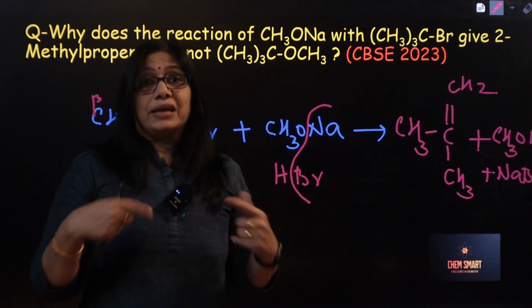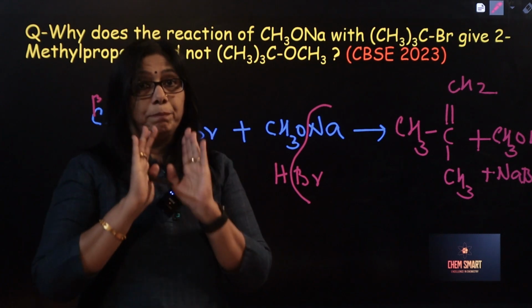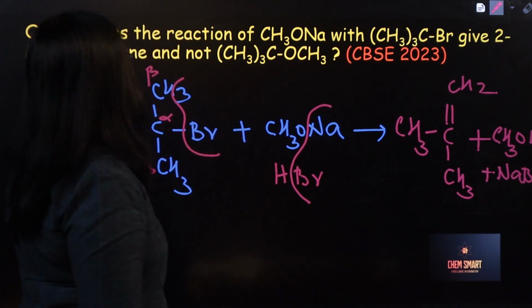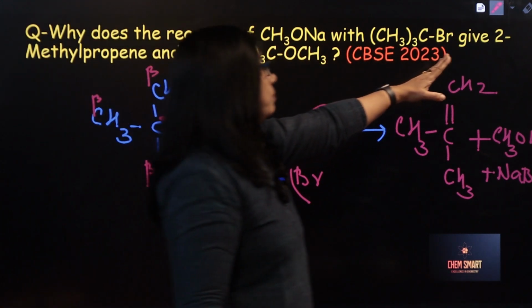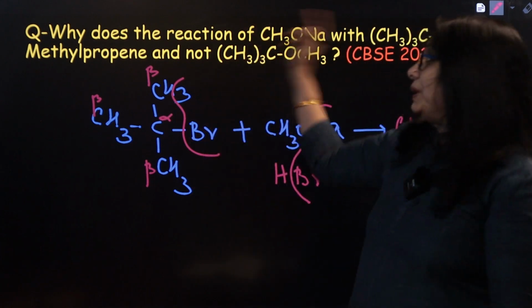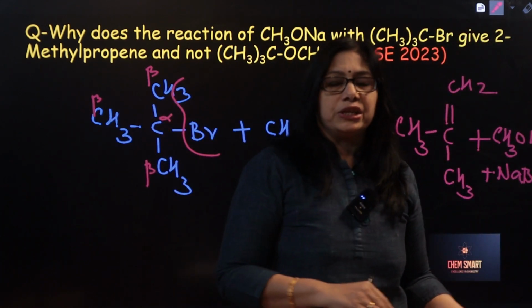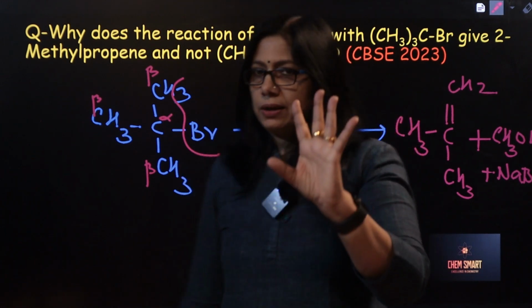That is, when the alkyl halide is tertiary, what is happening? Questions related to that. Okay? Make sure to practice. This is very, very important. So, why does the reaction of sodium methoxide with tertiary butyl bromide give 2-methylpropene and not the ether? Reason: it undergoes elimination, not substitution. Its details you take from the textbook and learn it as such.